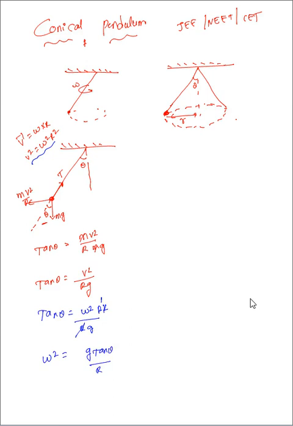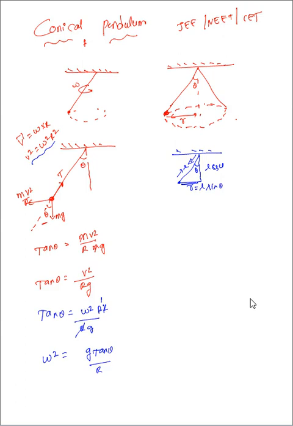If you observe clearly, this is the length, and let me take this like this. This is nothing but the radius r. This is angle theta. This is length L. If you break L into two components, you will get L cos theta, and on this side L sin theta. It means r is balanced with L sin theta.